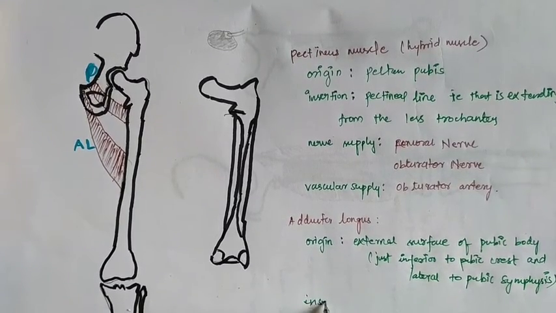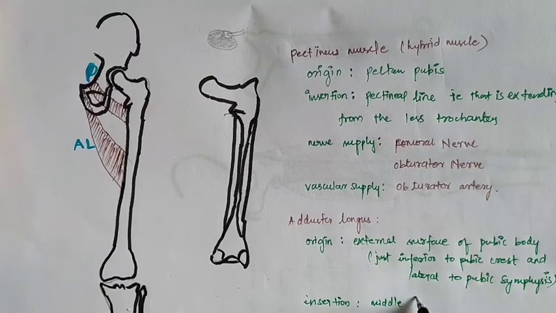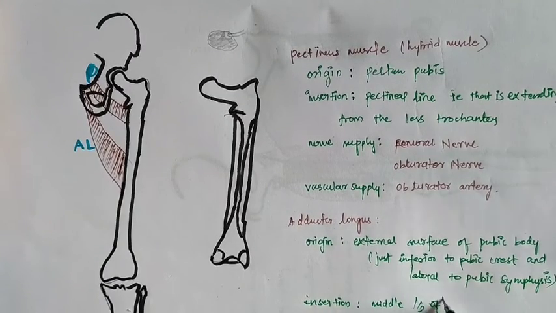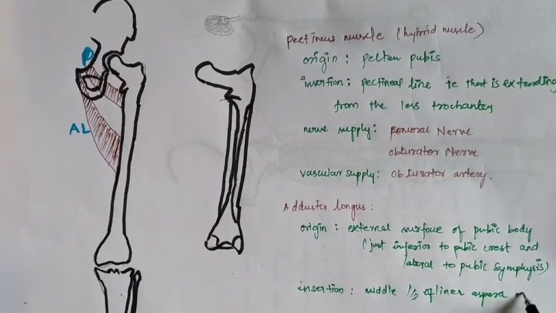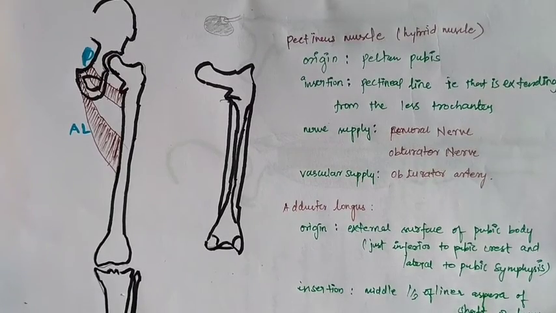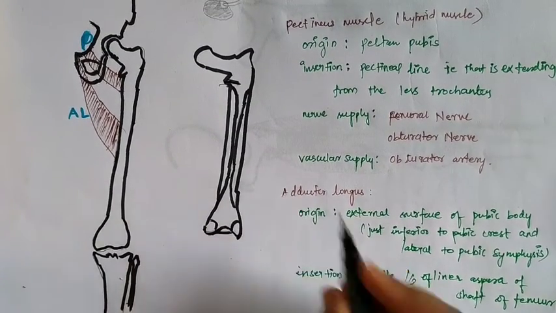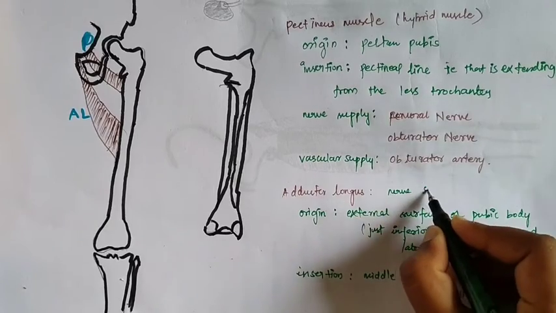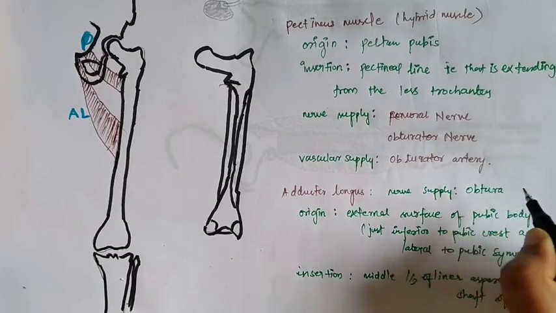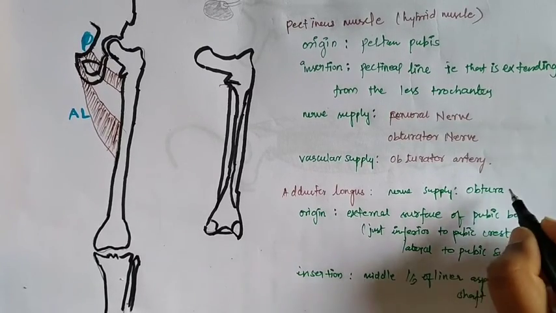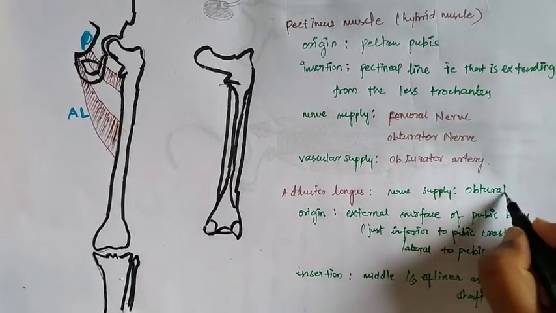And insertion, middle 1/3 of the linea aspera of the shaft of the femur. And nerve supply, obturator nerve, anterior part of the obturator nerve, anterior division of the obturator nerve.